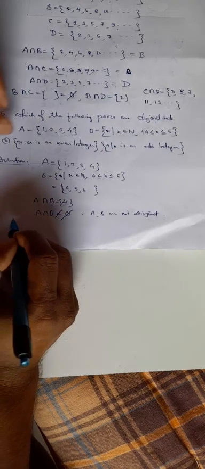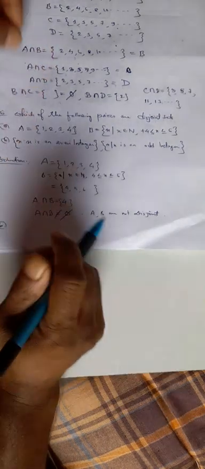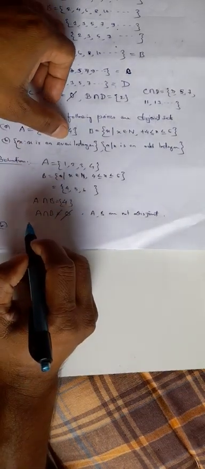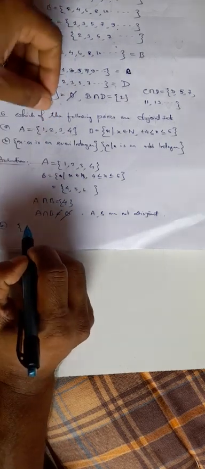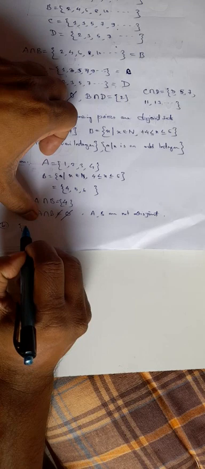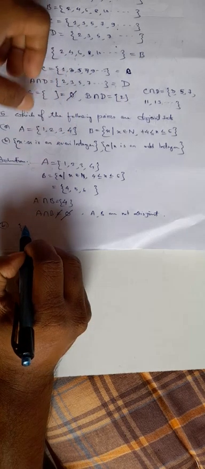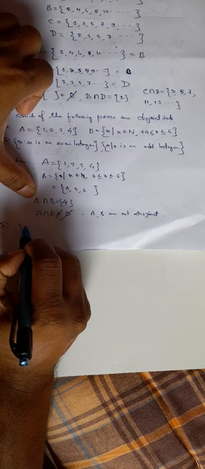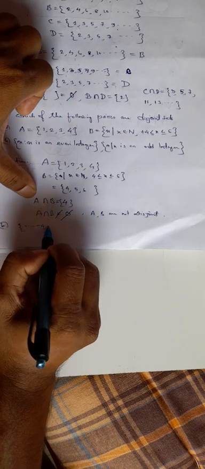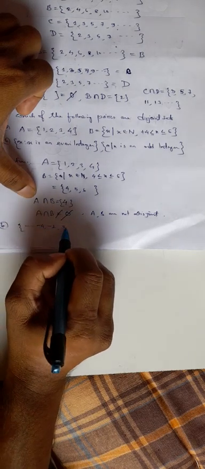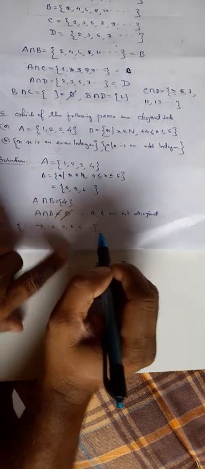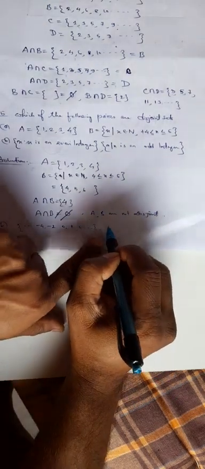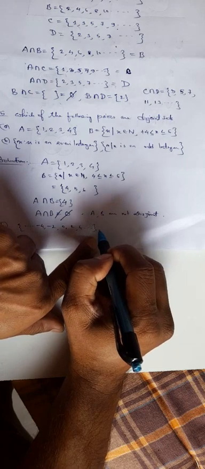Now question number B, here it says x is an even integer. First set is even integers. So even integers means, for example, -4, -2, 0, 2, 4, etc. And the next set is x is an odd integer.